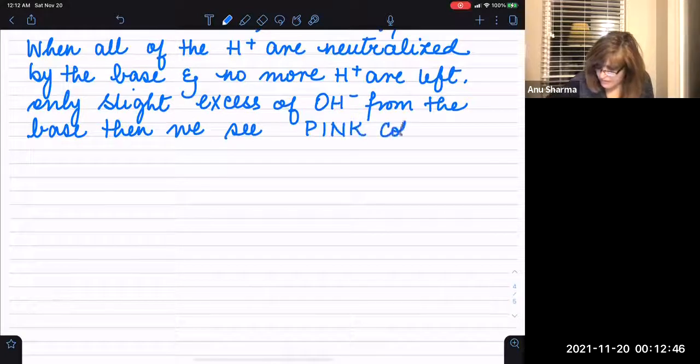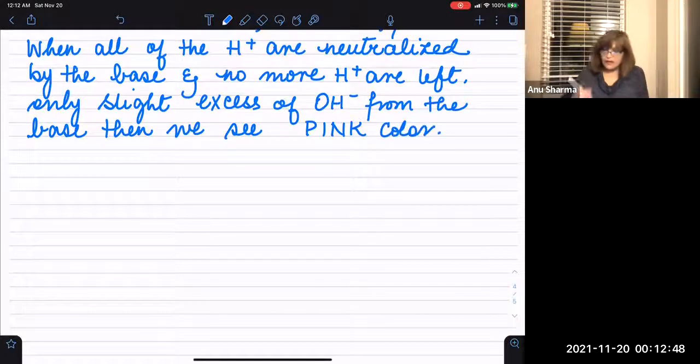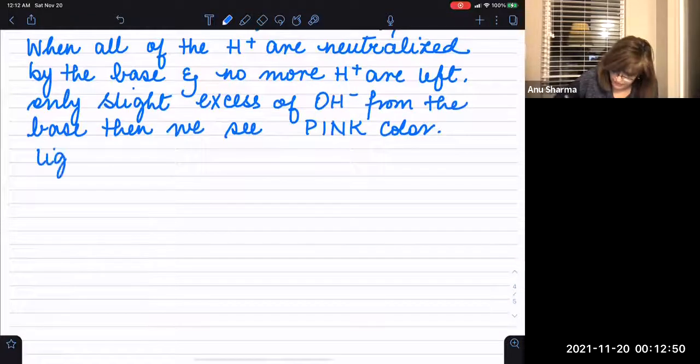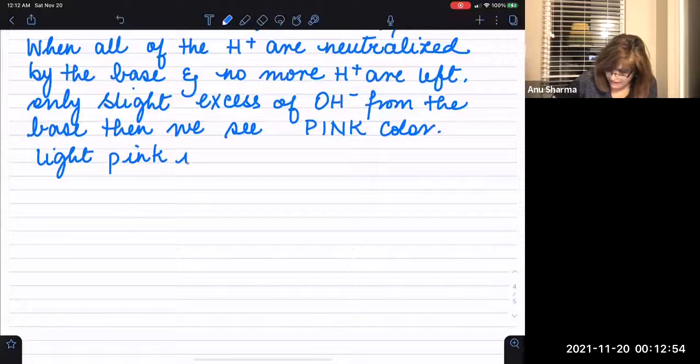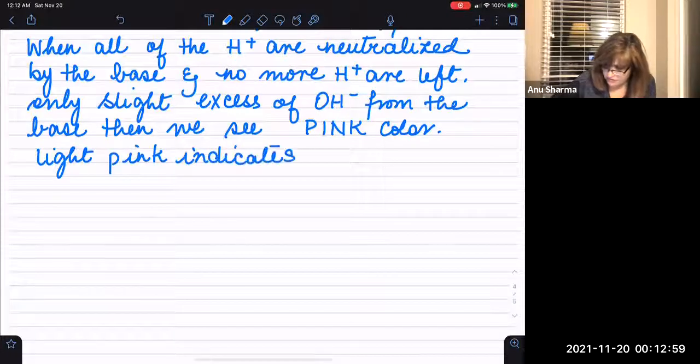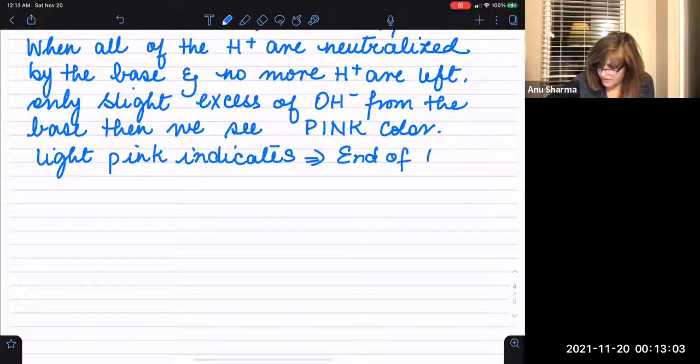Pink color. Okay. Light pink indicates the end of the reaction, the end point. That's the end point.